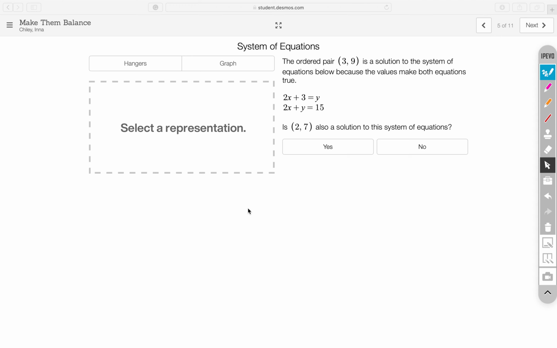So this screen asks us if the ordered pair 2, 7 is a solution to the system of equations.